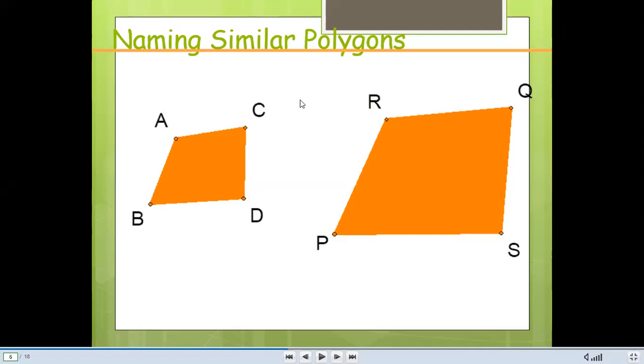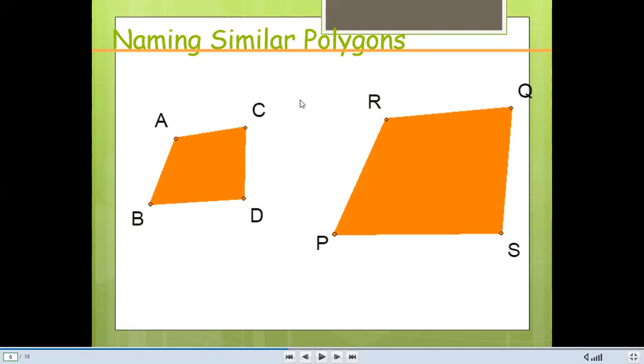The figure, not the parts, not the angles or sides. Say the name of the figure. You can see in front of you that we have two similar polygons, right? Could you please tell me the names for the two similar polygons?